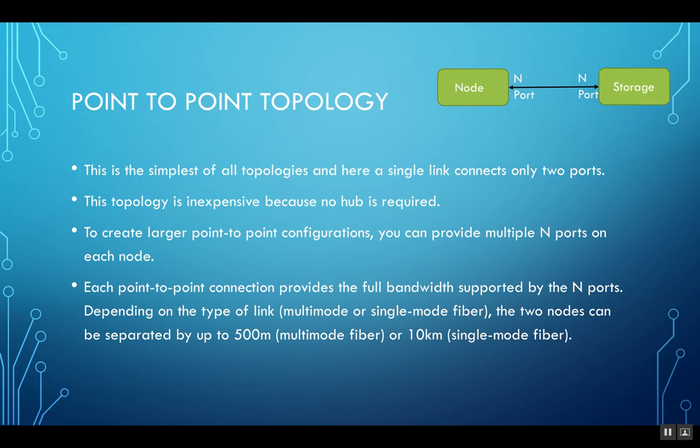Each point-to-point connection provides the full bandwidth supported by the endpoints because there is just one connection on the port. Depending on the link, whether it's multi-mode or single-mode fiber, the two nodes can be separated by up to 500 meters in multi-mode and up to 10 kilometers in single-mode fiber.